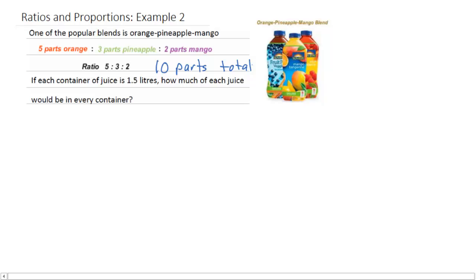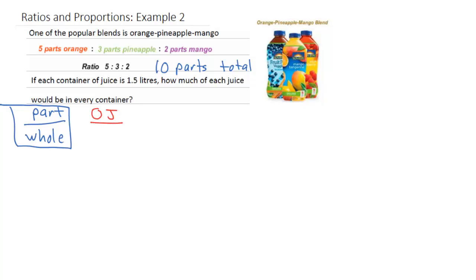Knowing that there are 10 total parts is going to allow us to set up some proportions to figure out how much orange juice, how much pineapple juice, and how much mango juice is actually in each container. We are going to be comparing a particular part to the whole. Let's start by looking at orange juice.